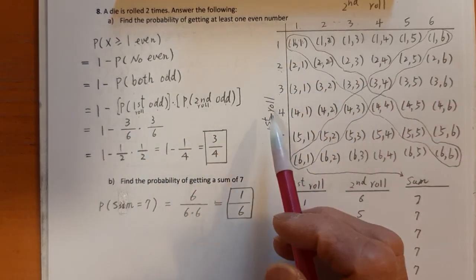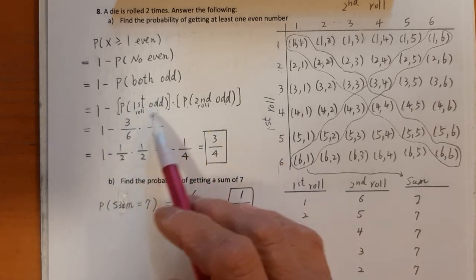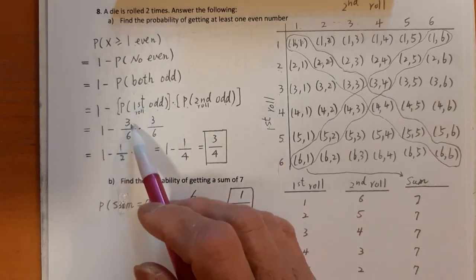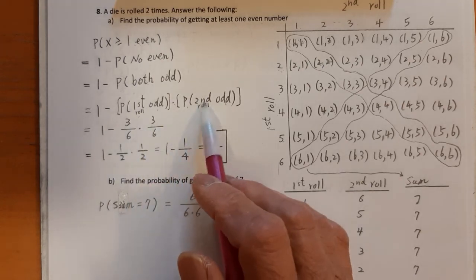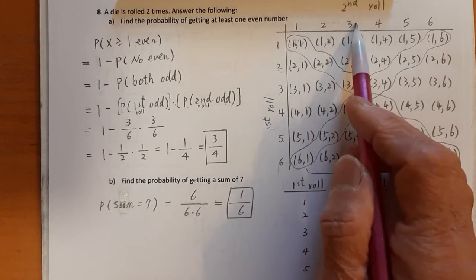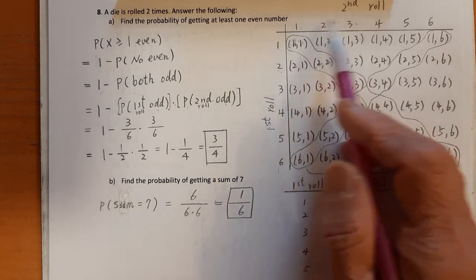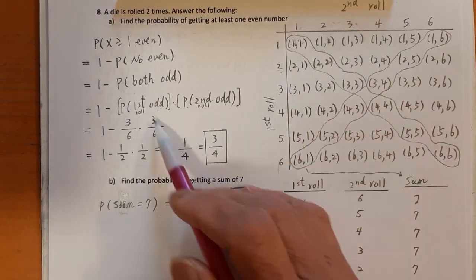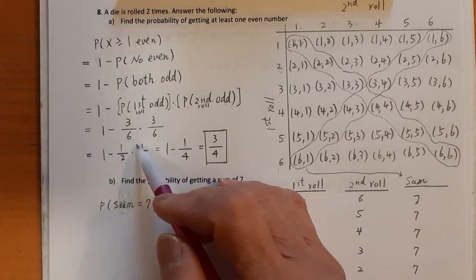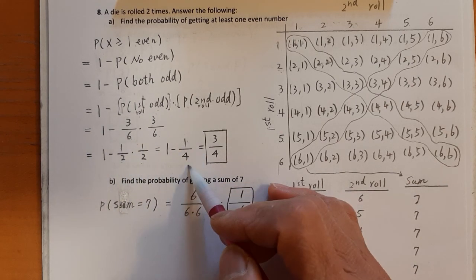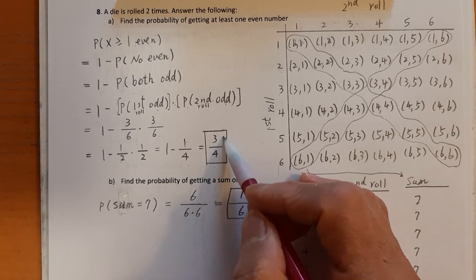So when you roll it, the first roll gets an odd number probability is 3 out of 6. The second roll you want to get an odd number, also 1, 3, 5, is 3 out of 6. And reduce it, it's 1/2 and 1/2. So it's 1 minus 1/4 and the answer is 3/4.